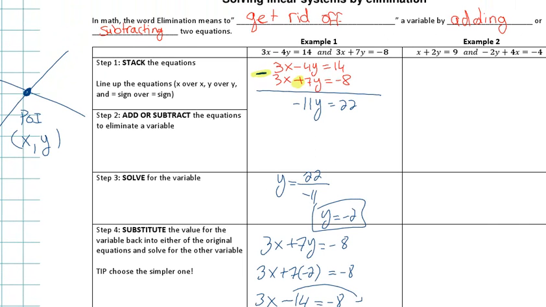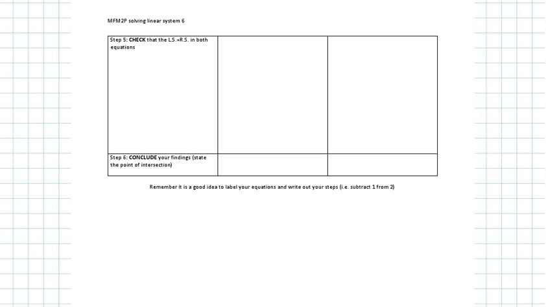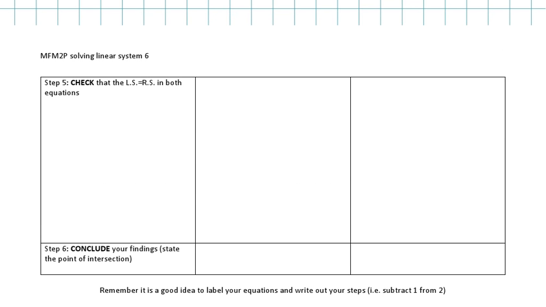When I want to check, what am I doing? When you see the words check your work, that's right, left side, right side. So plug it back into both equations and check the left side, right side. Remember that my POI x was 2, y was negative 2.